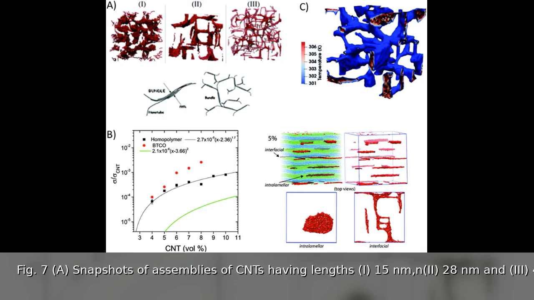Panel B depicts self-assembled CNT structures templated by lamellar morphologies of symmetric block copolymers. Panel C presents isosurfaces of temperature within different CNT assembly regions during simulations of Joule heating after applying external electrical potential. These results demonstrate HPF-MD's.